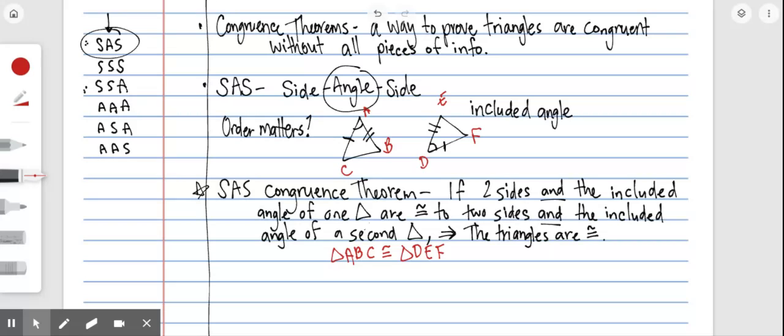This works because if you take 2 sticks and you tape them together at one corner at a certain angle, and then you take 2 other sticks that are exactly the same as the first ones, and you tape them together at that same exact angle, only one size stick will fit in between to connect those 2 legs. And that size stick is going to be connected at the same exact angle.